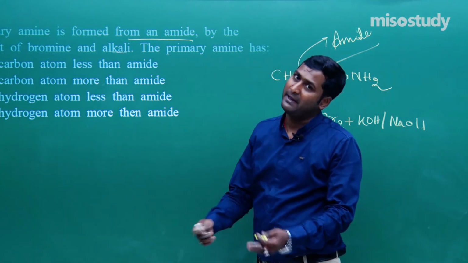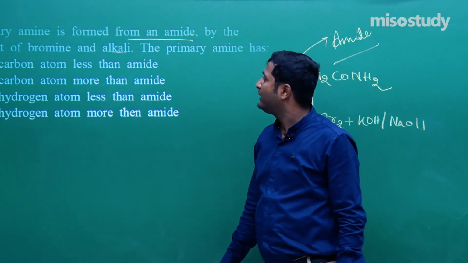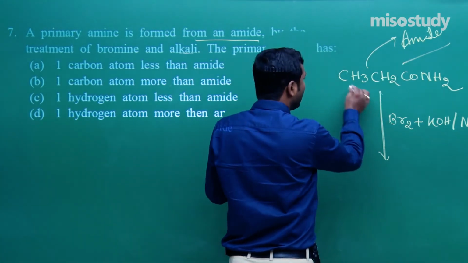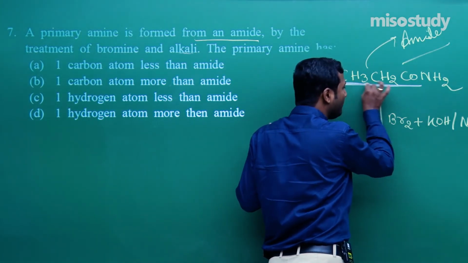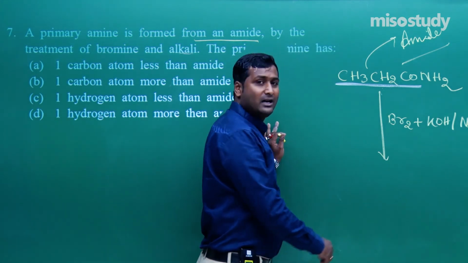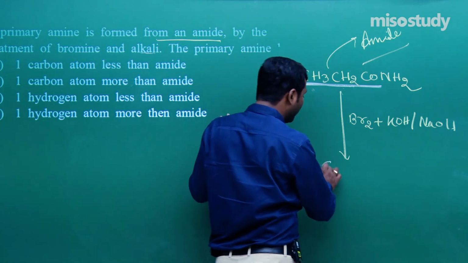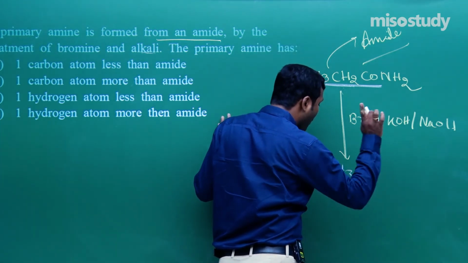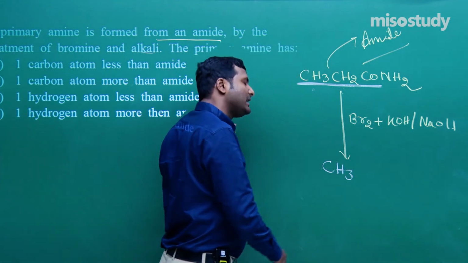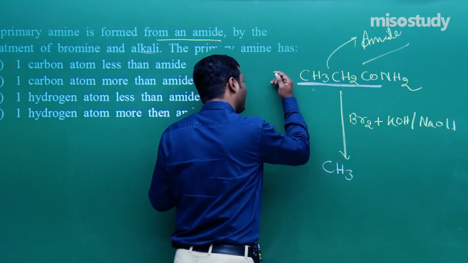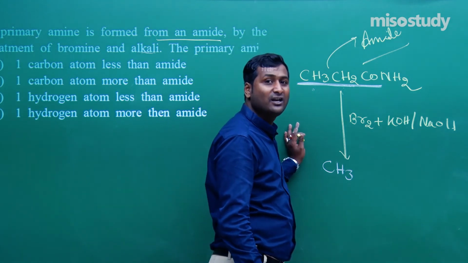What is alkali? It may be KOH, it may be NaOH. Now count how many carbon atoms are there in the primary amine. So there are 1, 2 and 3 carbon atoms. So the primary amine will have 1 carbon less. Due to this reason, this reaction is also known as the Hofmann bromamide degradation reaction.